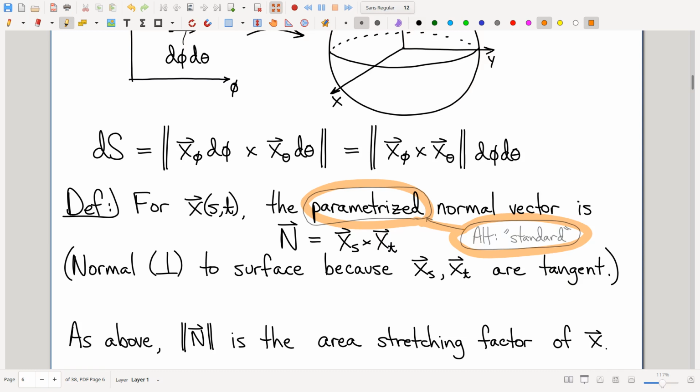If you choose a different parameterization, you will get a different parameterized normal vector. So to me, the word standard suggests too much uniformity that just isn't there. There's a bunch of different parameterized normal vectors, one for each parameterization. And I think it would be really weird to have a bunch of different standards. So anyway, I don't care for this terminology. Heads up, it's in the book. I'm not going to use it.